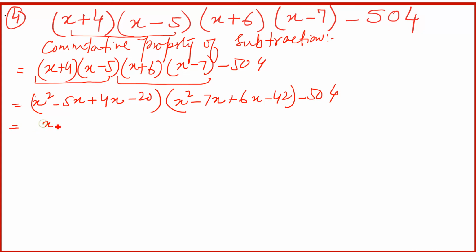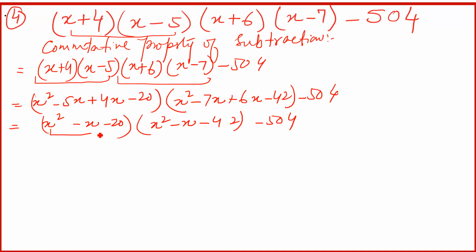So we will simplify it. x² − x − 20. Here we have x² − x − 42 − 504. So see here now, x² − x is present in both the parentheses.